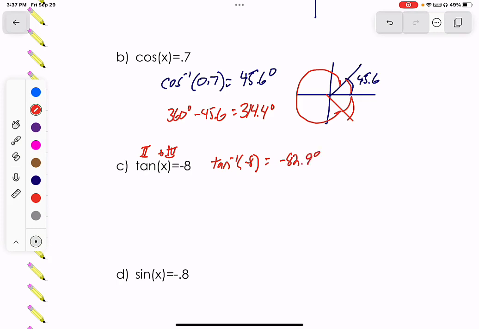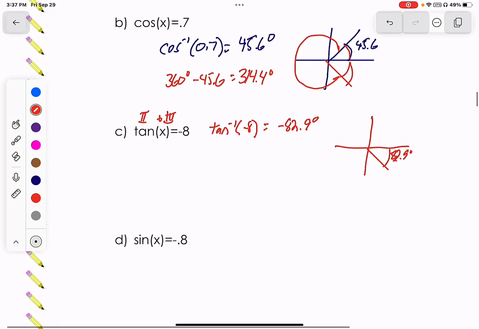So again, I want my angles to be between 0 and 360 degrees. So if I draw this out, I know that here is my angle, negative 82.9 degrees.